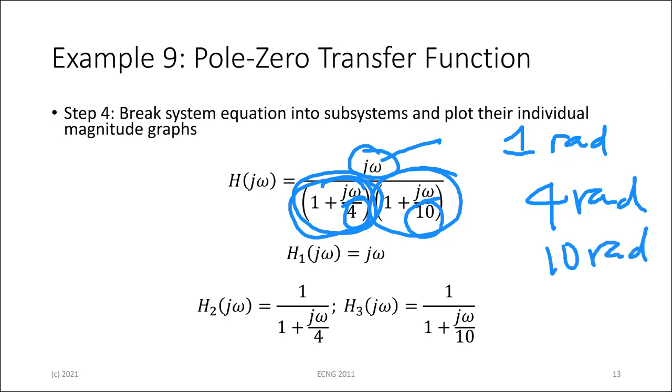So once you do that, the rest is really to remember what the responses of these things are. The zeros increase, the two poles, they're simple poles, so they're going to decrease at minus 20 dB per decade once you pass the corner frequency. Before the corner frequency it is flat at 0, after the corner frequency it decreases as a straight line at minus 20 dB per decade.